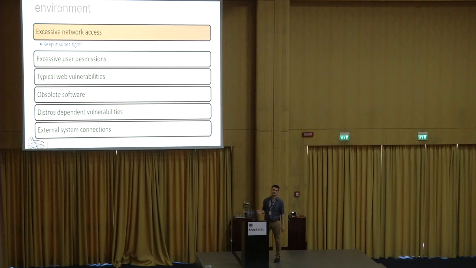Keep the network access super tight. Any administrative interface should be accessible only from the administrator IPs. Any user interface like Hue should be only accessible from the local network, not from the internet.